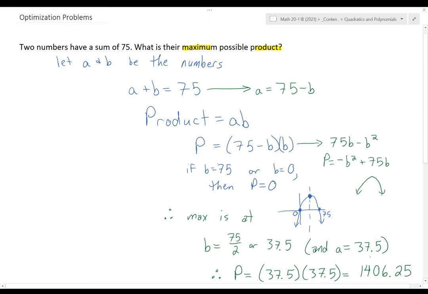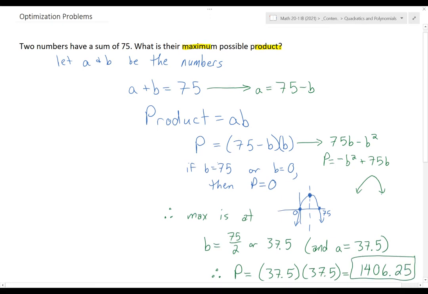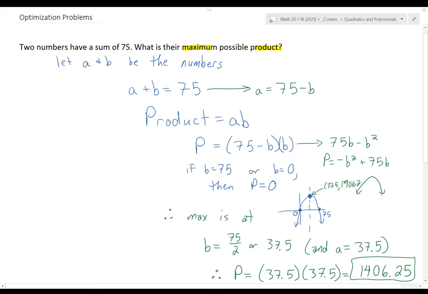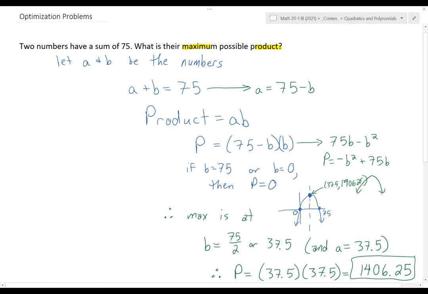So if I have two numbers that have a sum of 75, the highest product I can possibly create is 1406.25. The coordinates of that vertex would be 37.5, 1406.25, and the part of the vertex that answers the question is the y value, or the P value in this case: what is the maximum possible product?